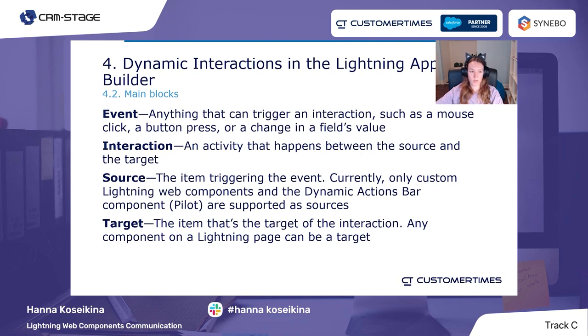Currently, it can be only custom Lightning web components and the dynamic action bar component as a pilot. An Aura component, for example, for now cannot be a source for the interaction. And target is an item which is the target of an interaction. It's any component on a Lightning page, so even standard components can be a target.